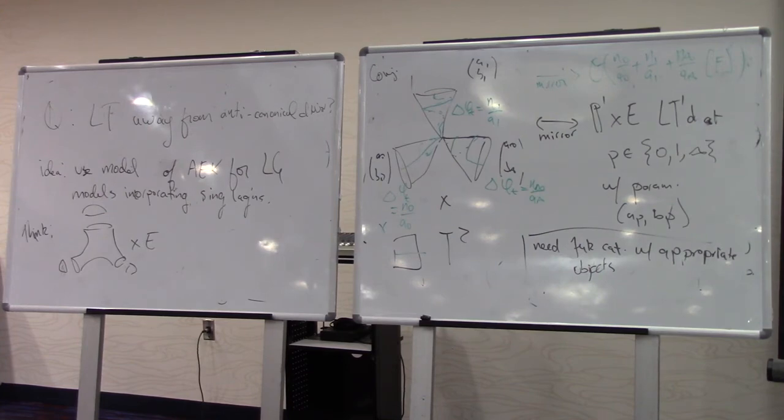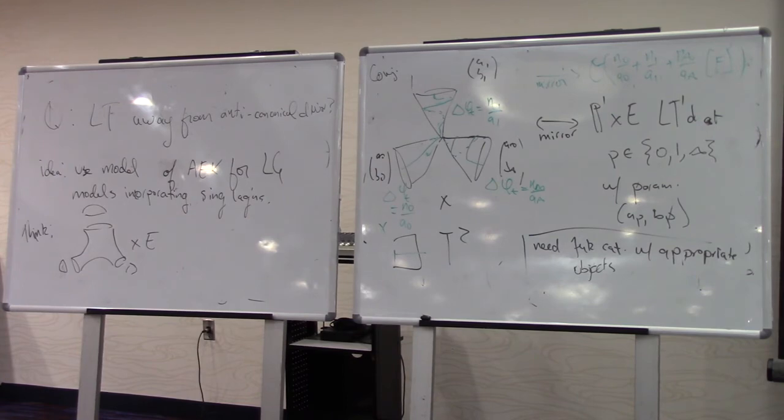So this is some Landau-Ginzburg model with 9 singular fibers, W mapping from M to C.